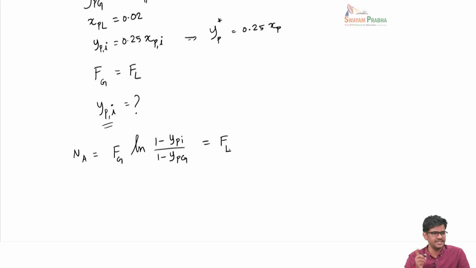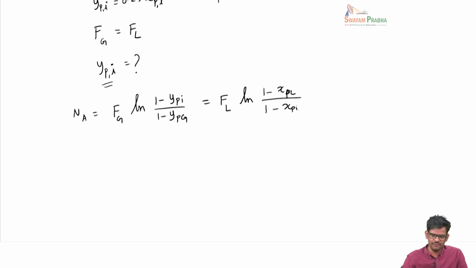That must, at steady state, be equal to F_L times ln of (1 minus XAL) by (1 minus XAI). This is what we are going to use. We are given the ratio of these values, they are actually equal in this case. YAG and XAL are known, but these two are unknown, but we can use the equilibrium relationship to relate one and get the other.